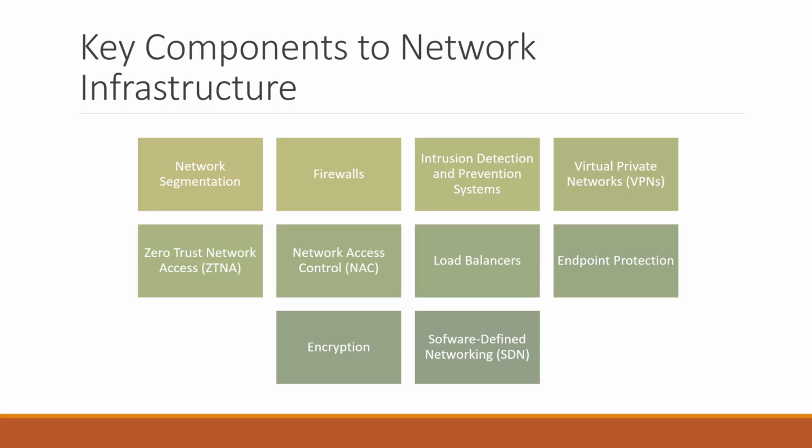Now, these aren't only on the external side of your network, they can be anywhere in your network, and sometimes you may have dozens, if not hundreds, of firewalls within a network to ensure that security is upheld to the highest standard. Then you have your intrusion detection or prevention systems. These basically are just detecting and preventing malicious activity.